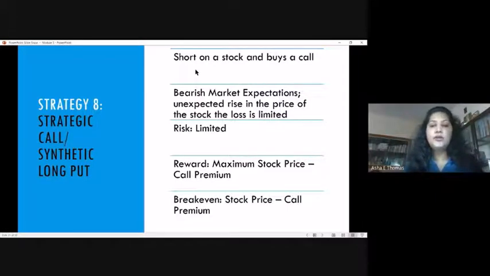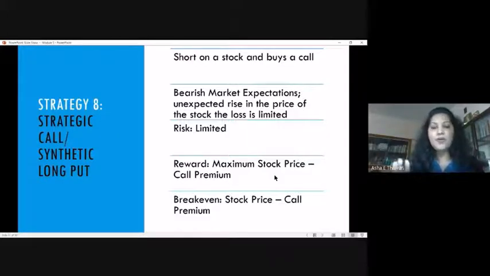So the reward is the maximum stock price, however much you are spending for buying that, minus the premium you pay. In fact, if that does not happen, you have something more in your hand. As you say, you can own the stock, right? You can buy back the stock and have it with you. So this is why we say maximum stock price minus the premium you pay when you're buying your call.